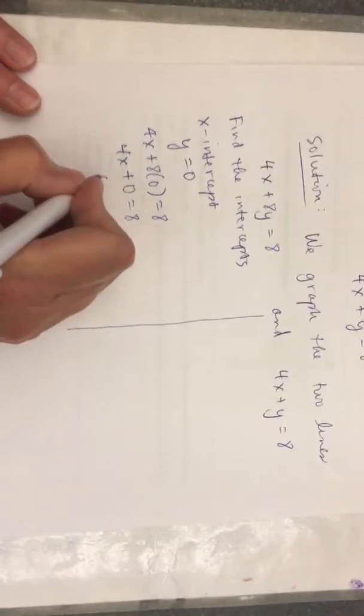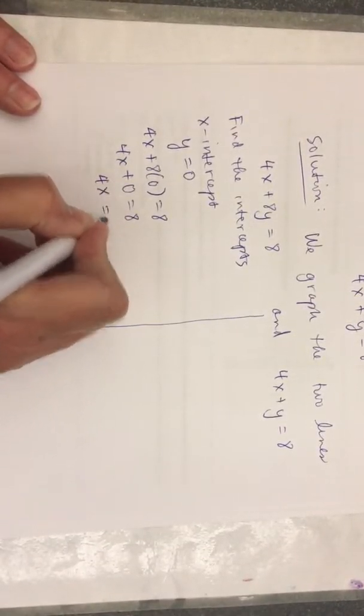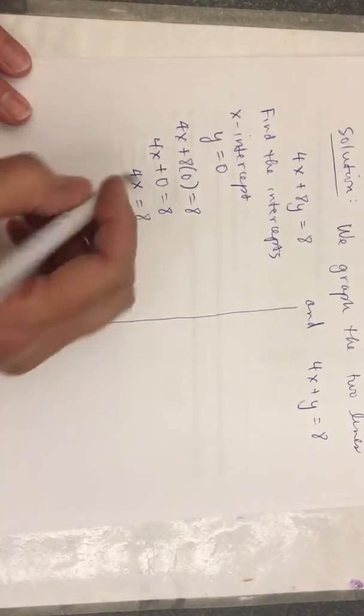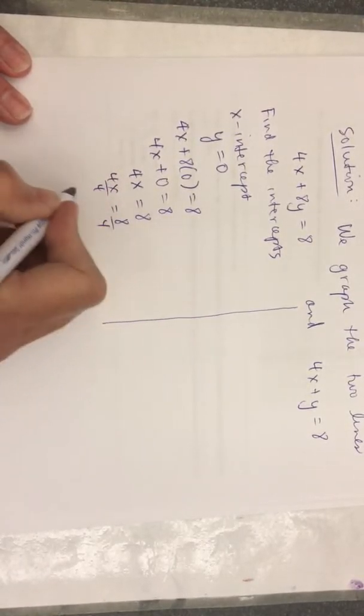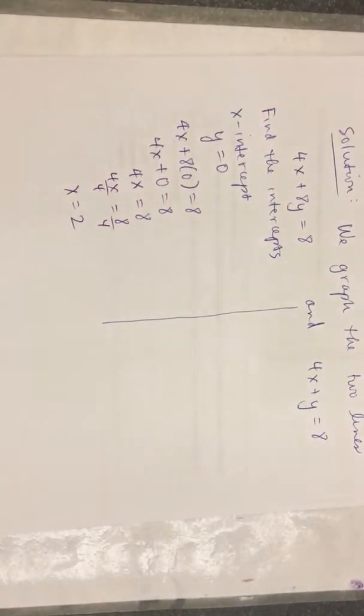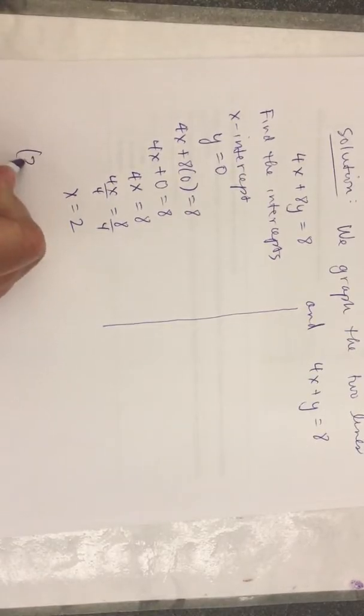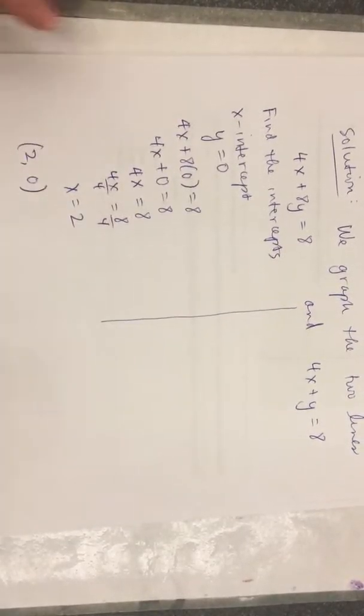Well, 4x plus 0 is 4x. 4x equals 8. When you divide by 4, we're going to get x equals 2. So the first one, my x-intercept, is (2, 0).